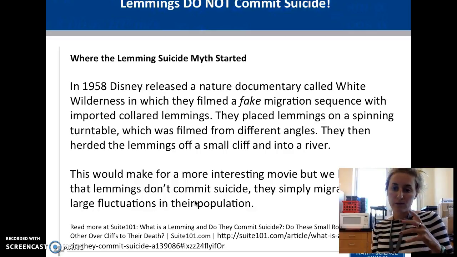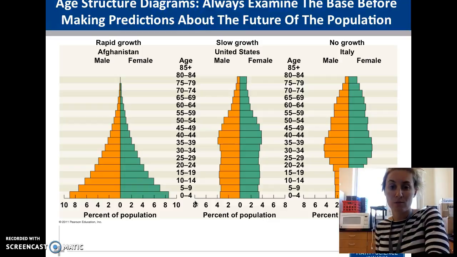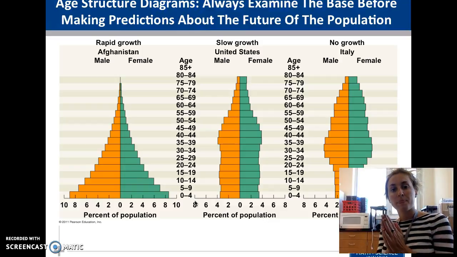What these ecologists later discovered is that they were just moving out of the area in large groups. And so what we need to remember is that population size data does not always reflect just deaths and births, right? If all of my population leave for some reason, that also impacts what's going on.